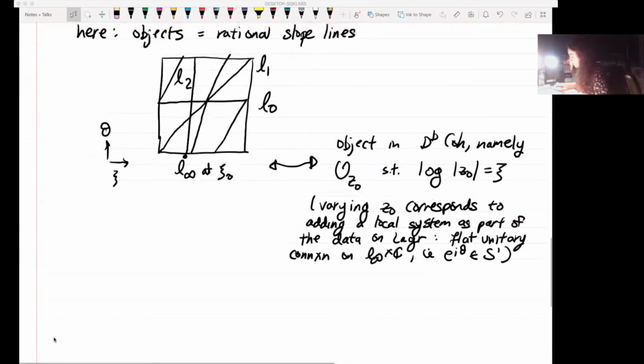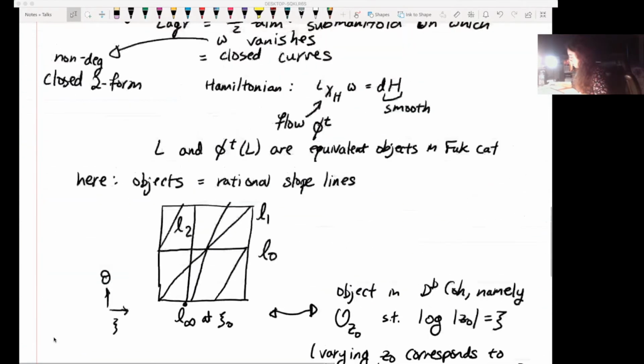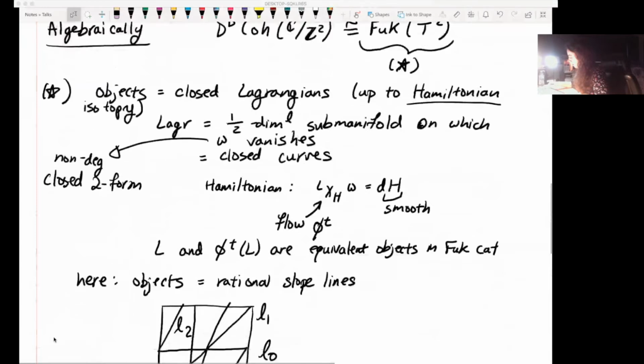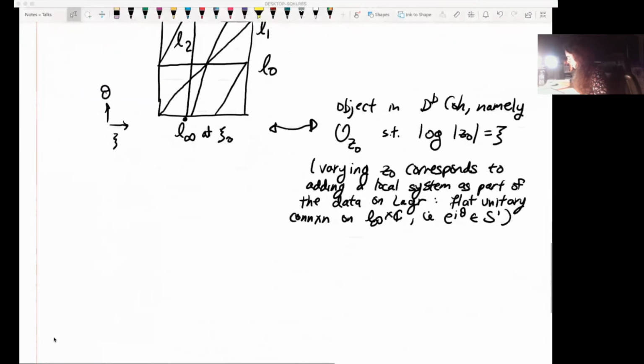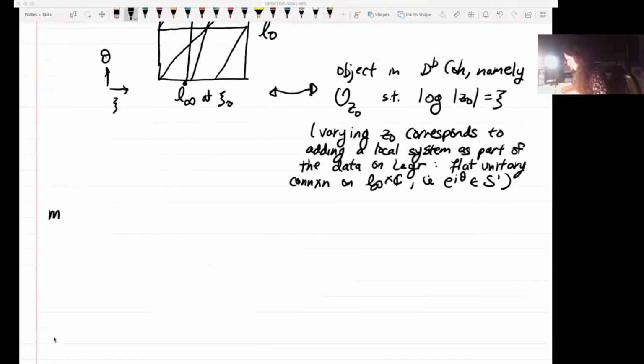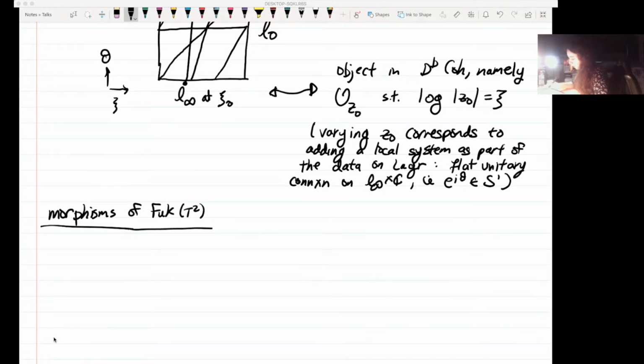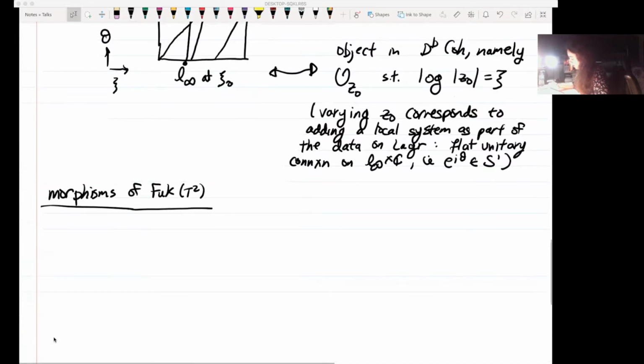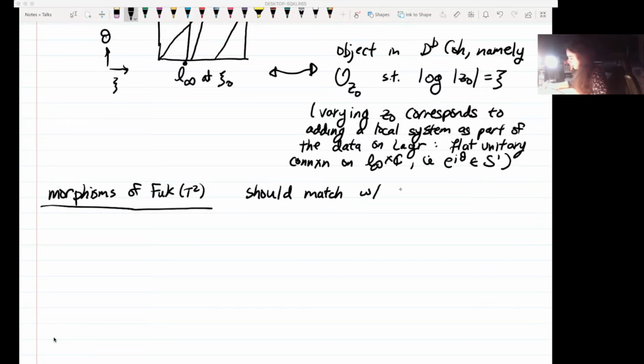So the intuition for the Hom sets here. We have the objects now, and we want to describe the morphisms of the Fukaya category. So these morphisms should match with the morphisms of D^b Coh, which are the Ext groups.